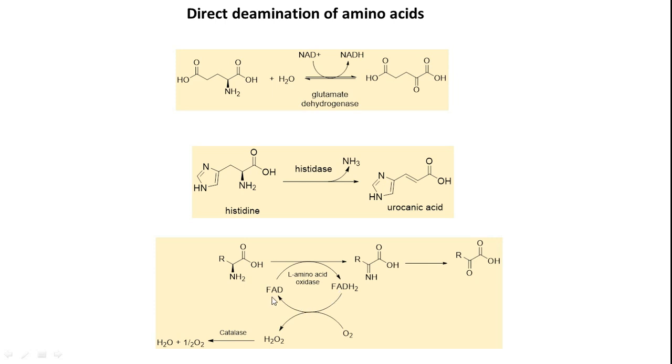The FAD is regenerated by reacting with oxygen, so that the reduction potential is used for biosynthesis of H2O2, a peroxide. The peroxide is neutralized with the help of the catalase enzyme, thereby giving water and half O2. So here a peroxide molecule is formed, which is an example of an oxidative stress condition being generated in the system.